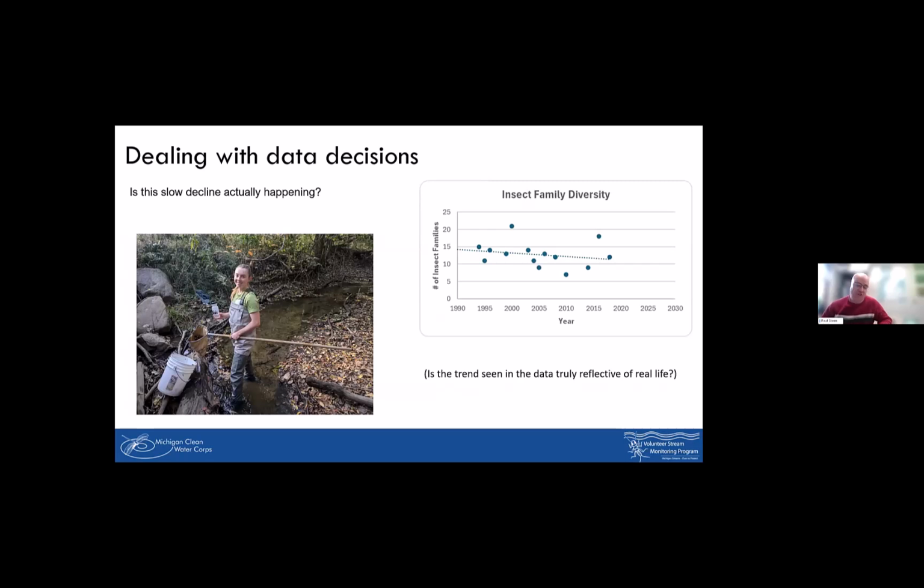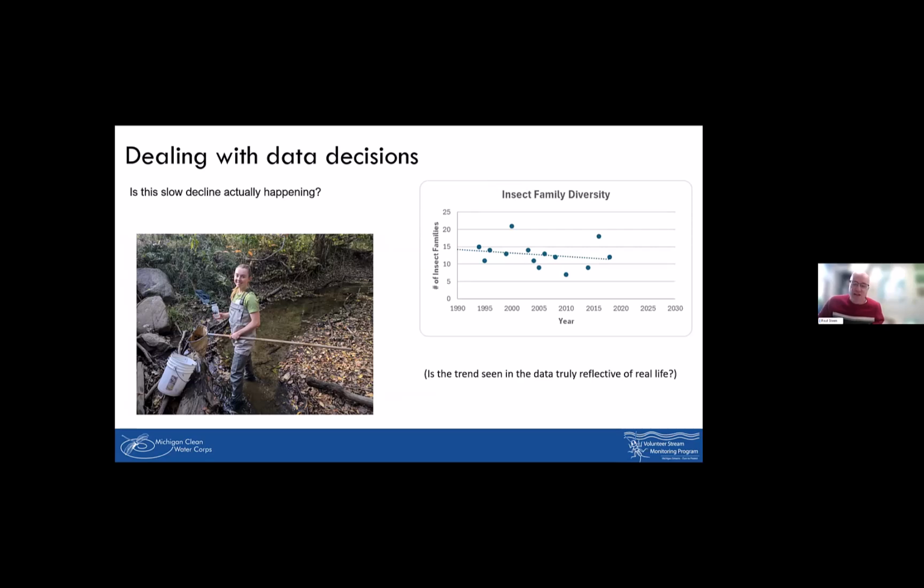Final example here. Is this trend seen in the data truly reflective of real life? This particular stream seems to be getting worse over time. The insect families are going down, I think, but this is what I mean by messy data. You'll have a peak, you'll have a drop.